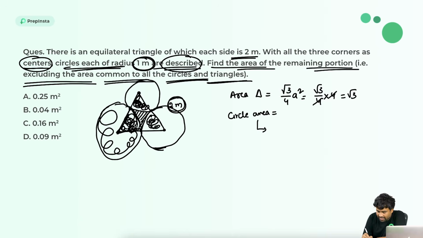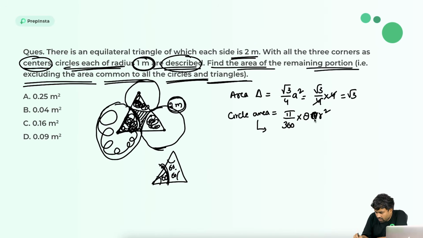You can say it is a sector, right? So what is the area of a sector? In an equilateral triangle, each angle is 60 degrees, right? So the sector with a 60 degree angle, what is its area? It is nothing but theta by 360 into pi r square, right?